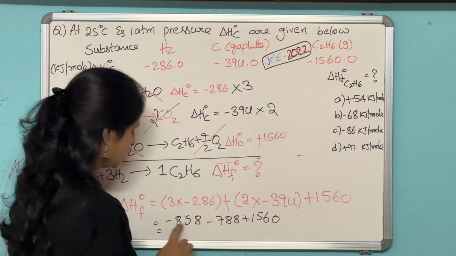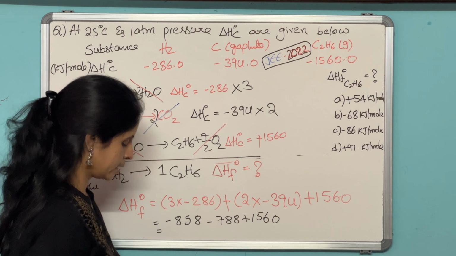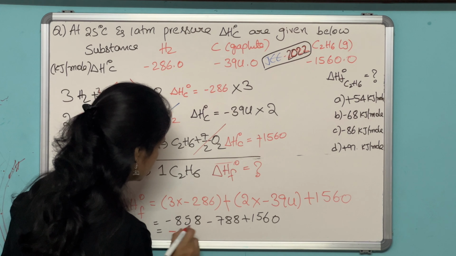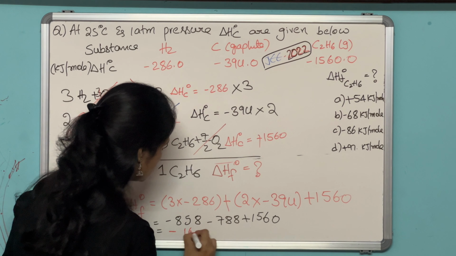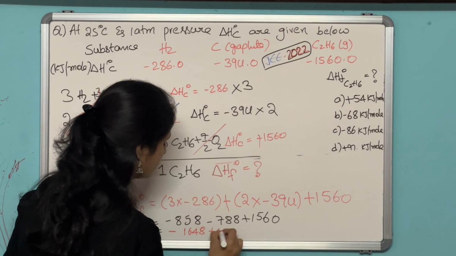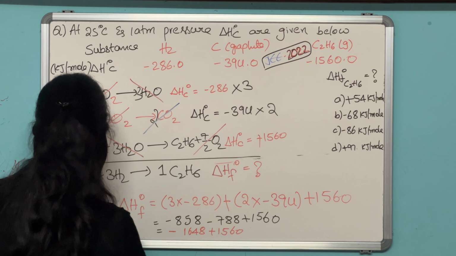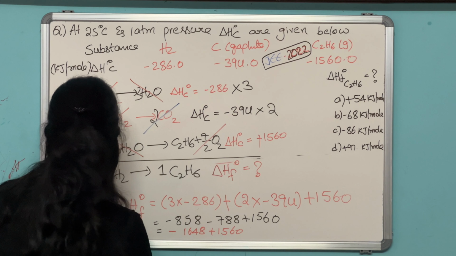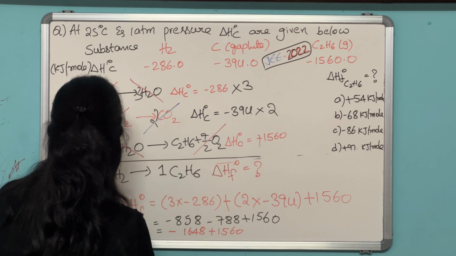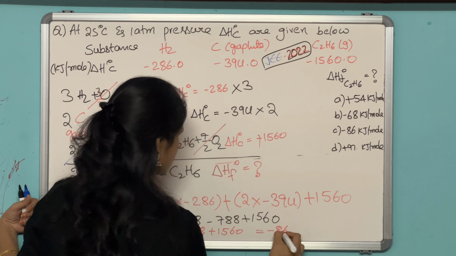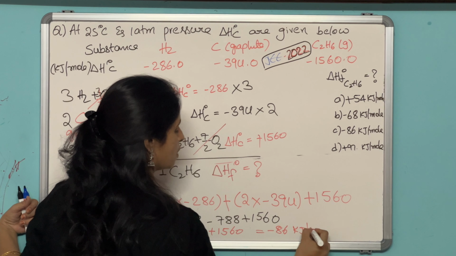Altogether, 858 plus 788 is 1646... so 1648 minus 1560 is 86 kilojoules per mole.